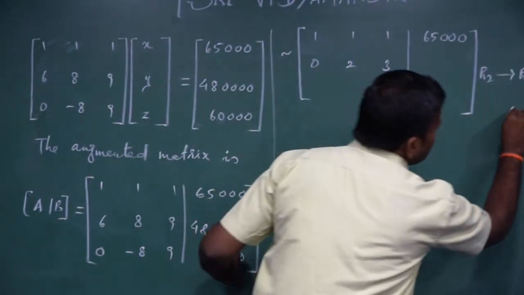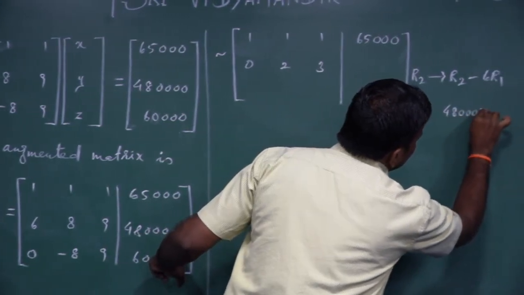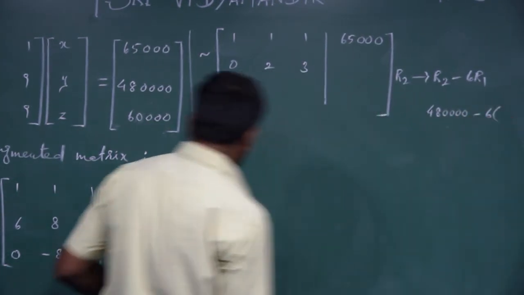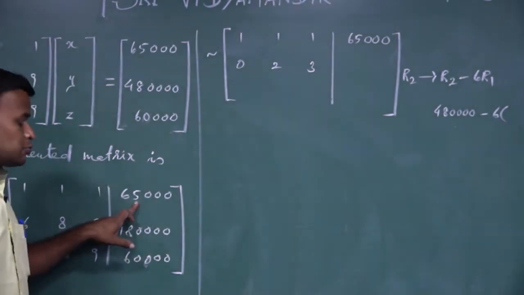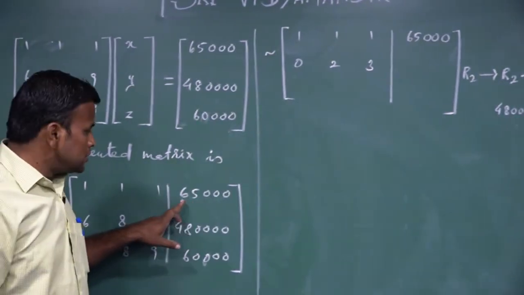So the R2 value is 4,80,000 minus 6 times the corresponding element in R1, which is 65,000.